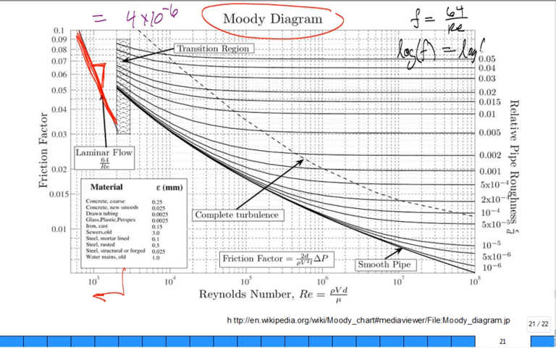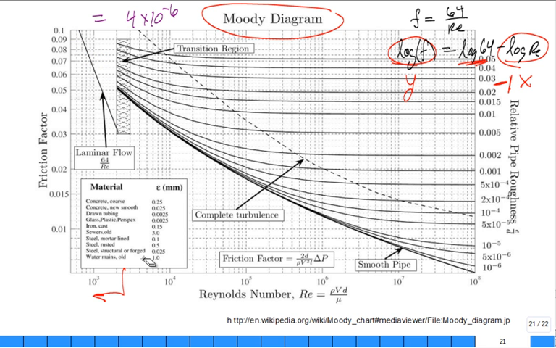Is it the log of 64 minus the log of the Reynolds number? Yeah. And so you can see now that if this is my y-axis, this is my x-axis, it's negative 1x. So this slope is negative 1, straight line, and that's like an intercept. Okay.